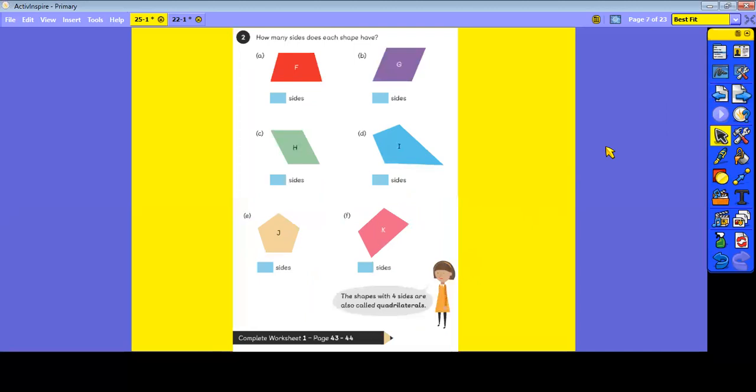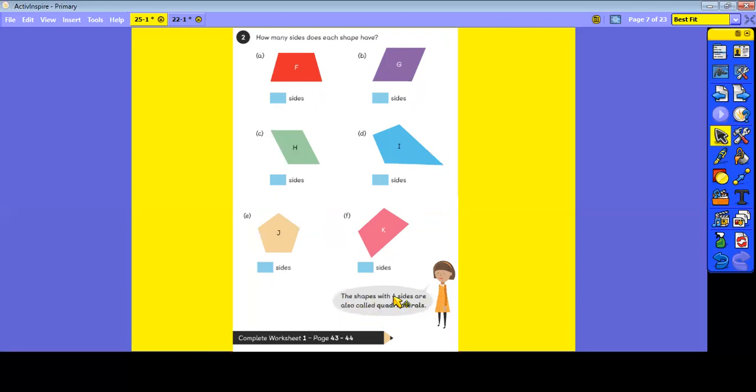There's another page of guided practice today with some more shapes on. Here you're asked how many sides the shapes have got. You're not asked to name the shapes, just how many sides they've got. So you've got to count those sides for F, G, H, I, J and K. And then you're given a very special piece of information.